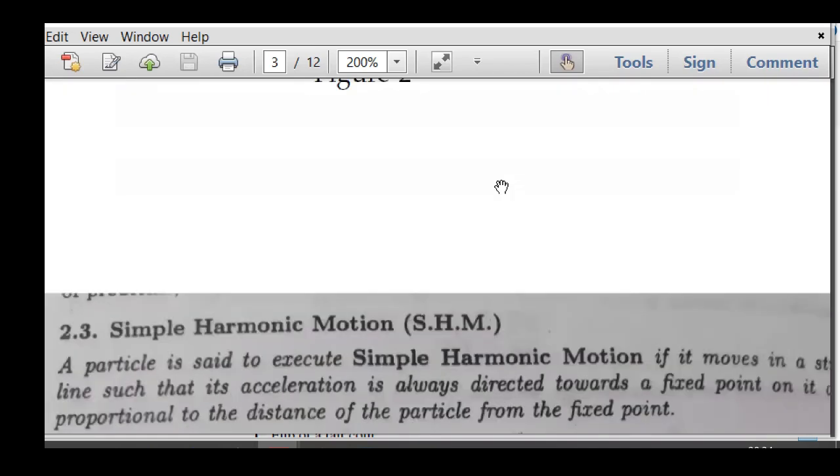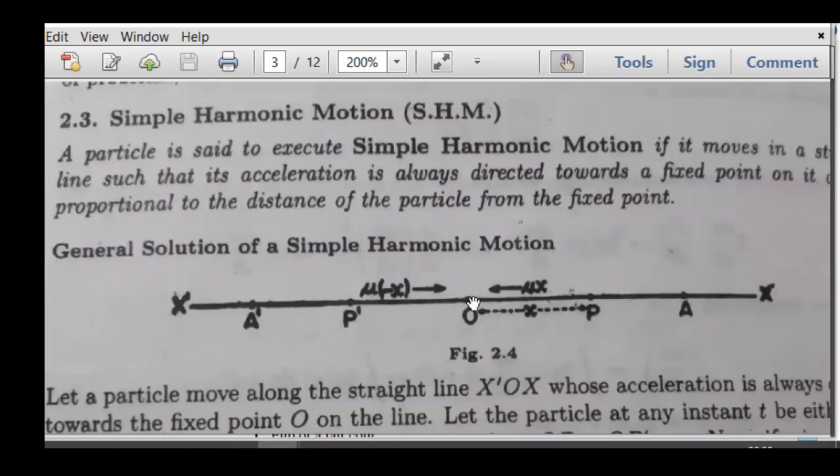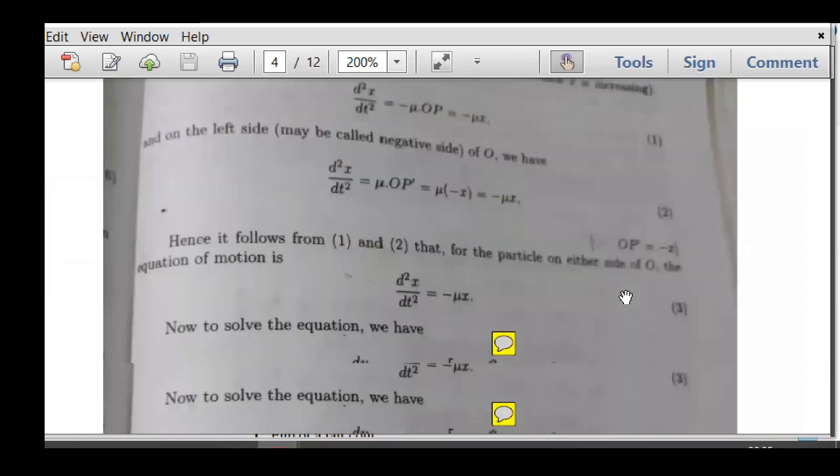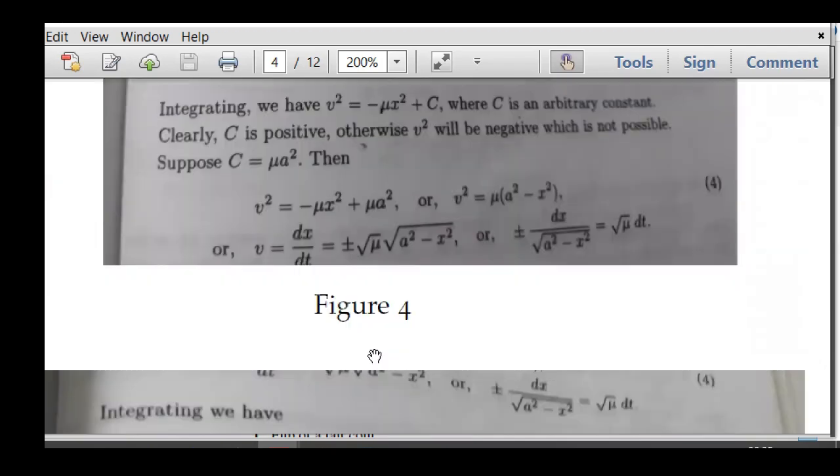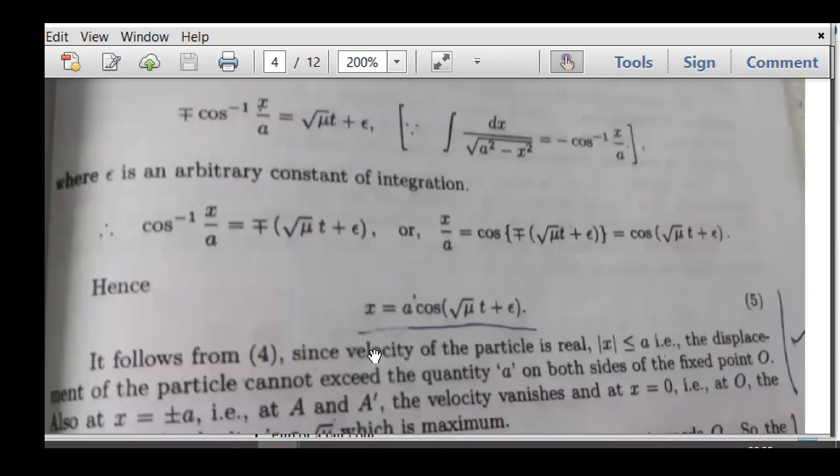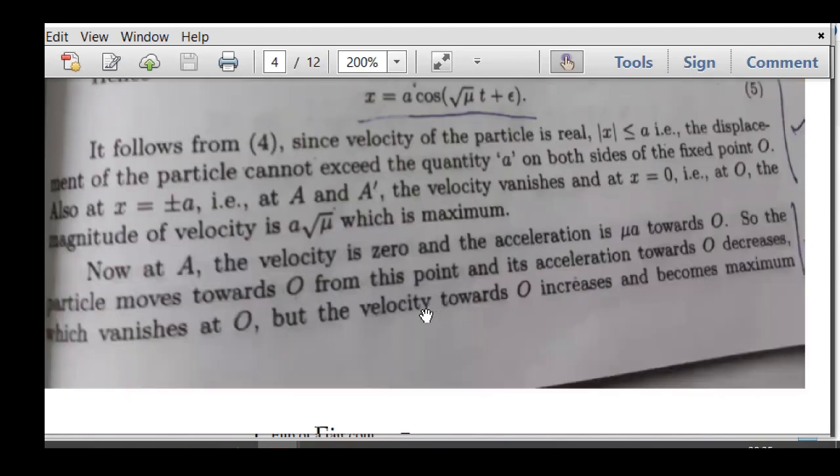As I said, you start from here, you go here, and again you come back, and again you go on, and so this whole thing is one full oscillation of the cosine function, and again another full oscillation of the cosine function, and this goes on. So that is also justification why this type of solution is coming here. When the motion is repetitive, obviously we should get a trigonometric cosine or sine function.